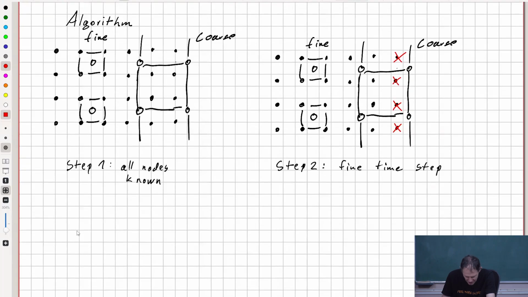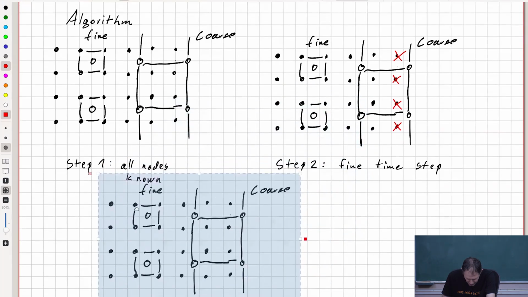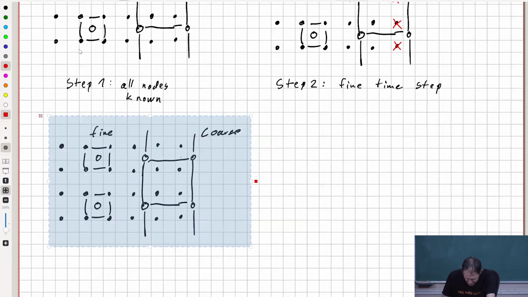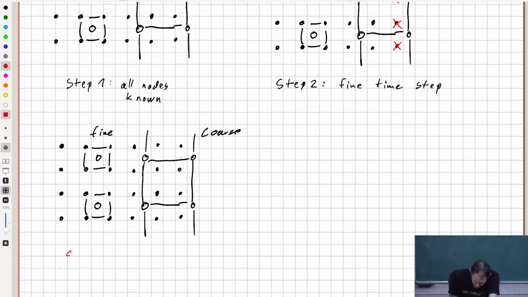So this is followed by another fine time step, because there are 2 of them. So this is, say, step 3. There's the second fine time step.